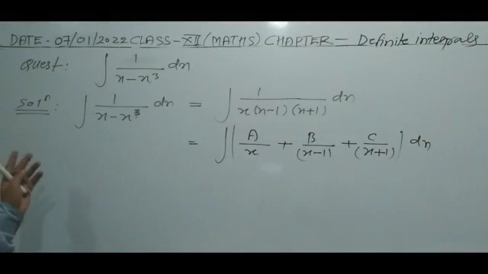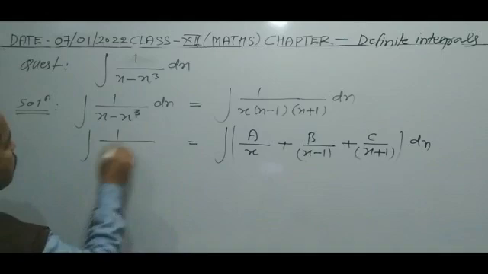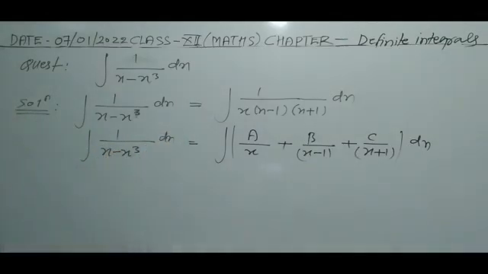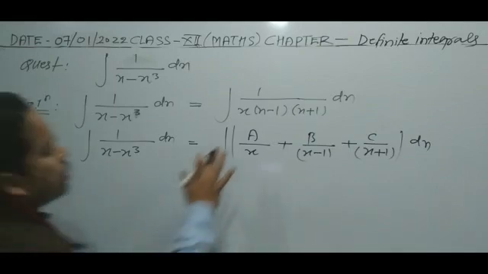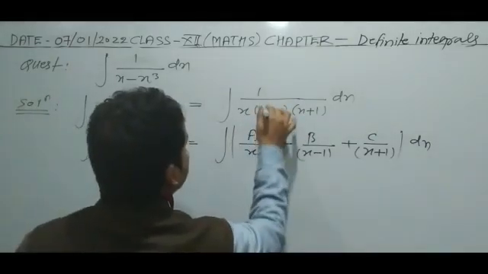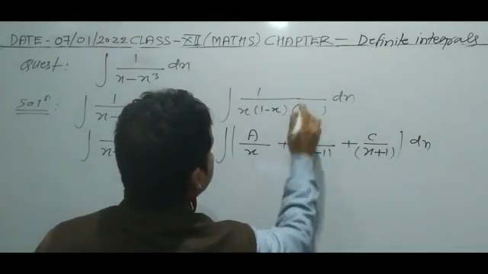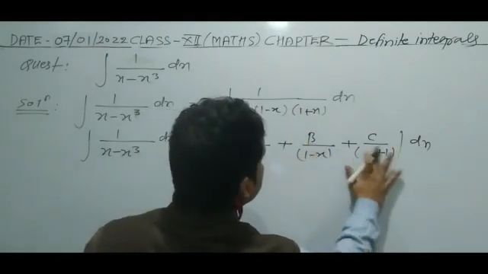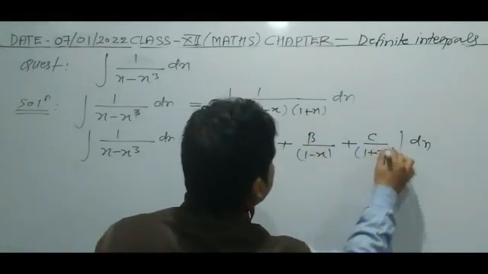Now when you take the LCM and find the values of a, b and c, what you will get is this result: 1 minus x, not x minus 1, so 1 minus x and 1 plus x.